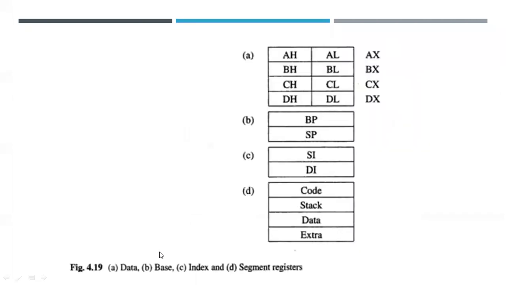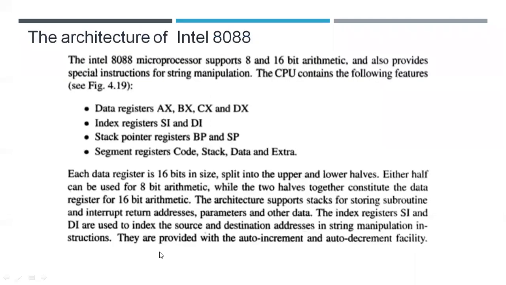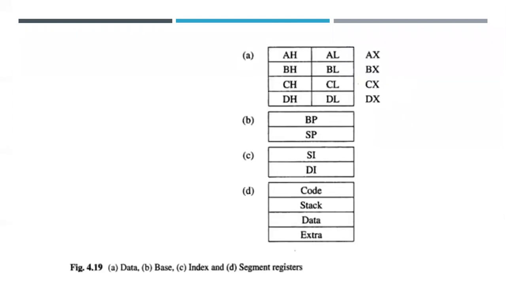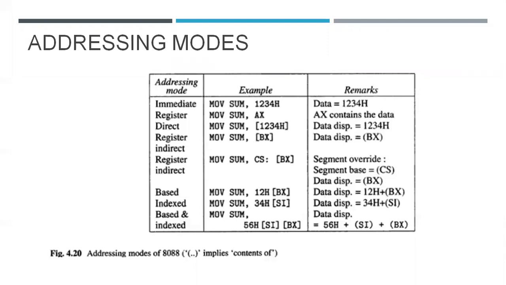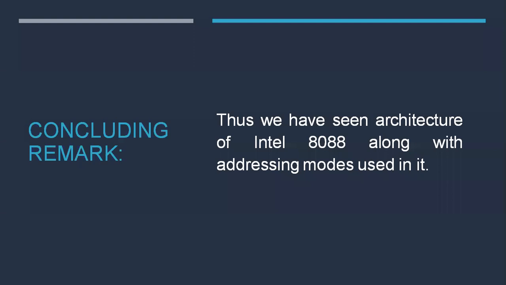So we have seen the architecture. In the architecture we have seen data registers, index registers, stack pointers, segment registers. We have also seen the addressing modes used.